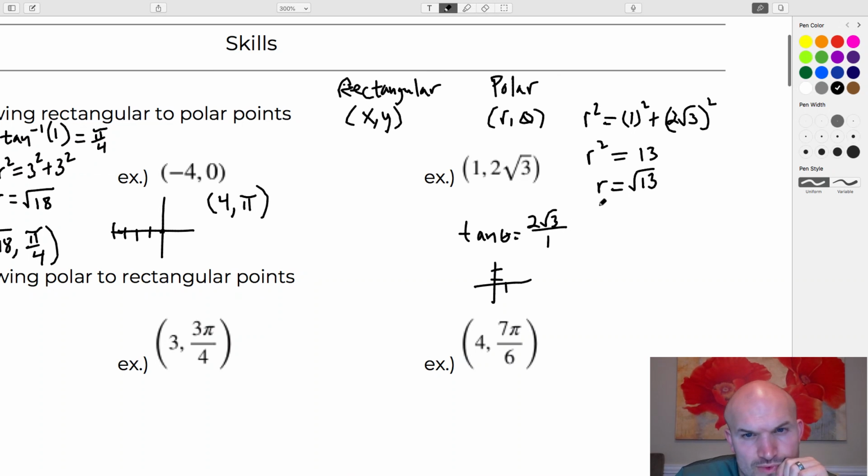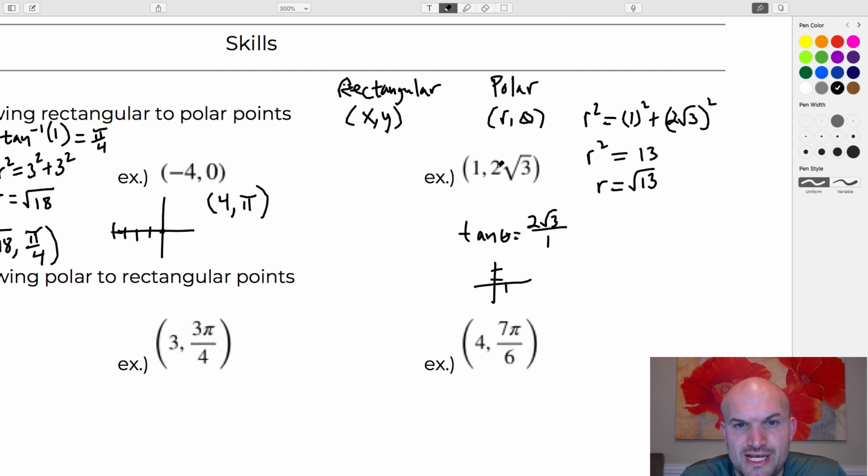Now, let's see, if I divided, that doesn't seem like that's going to work out. So I think I messed up that point, at least as far as radians. Because I think this was supposed to be just 1, square root of 3. So how should I change this problem?